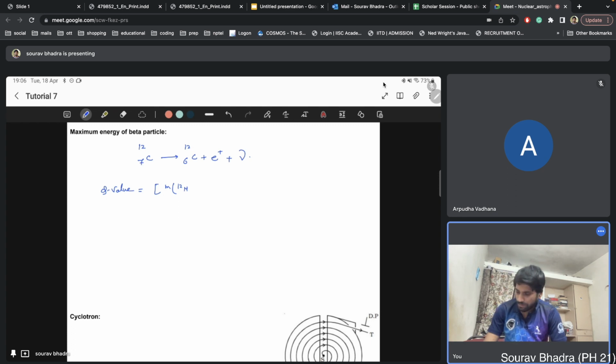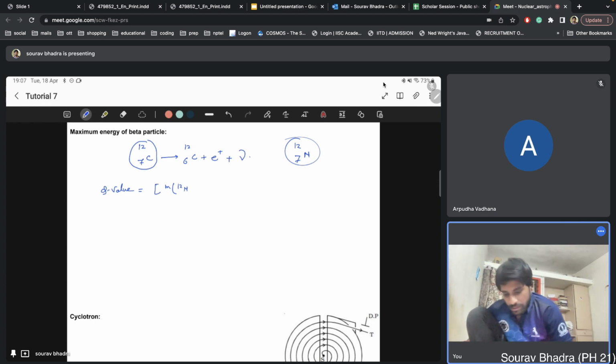Okay, I am not able to find the problem right now from where I have taken that, so there may be some confusion. This may be nitrogen, 7N12. I will find it if possible, but I am not getting the question.